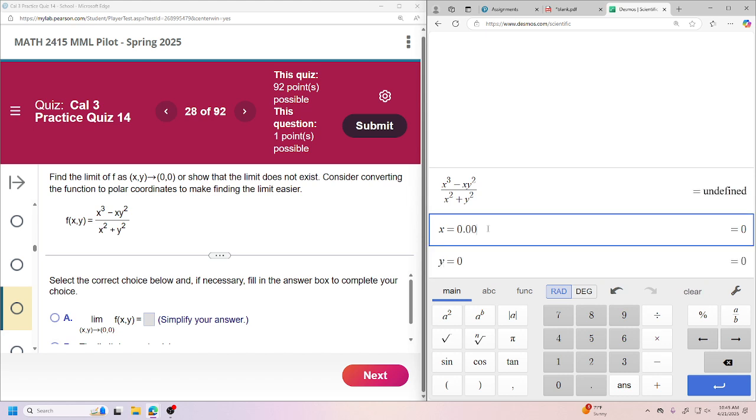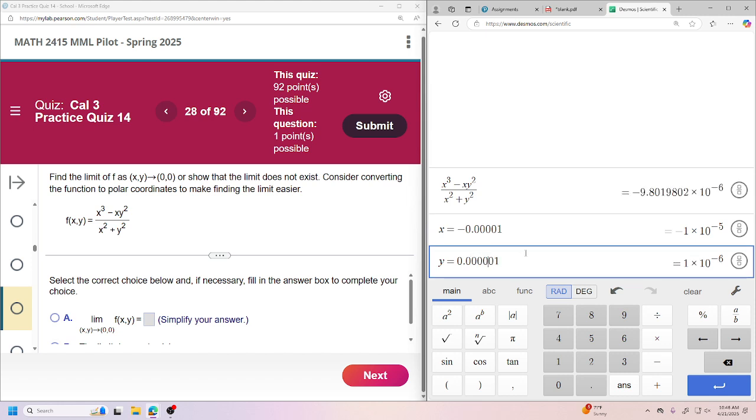But if I tried something like this, we go negative positive. You see that something's going on here. If I change that to a negative, I would do something like this. What if I go like this? You see what's going on? What is this answer right here? Round to 3 decimals.